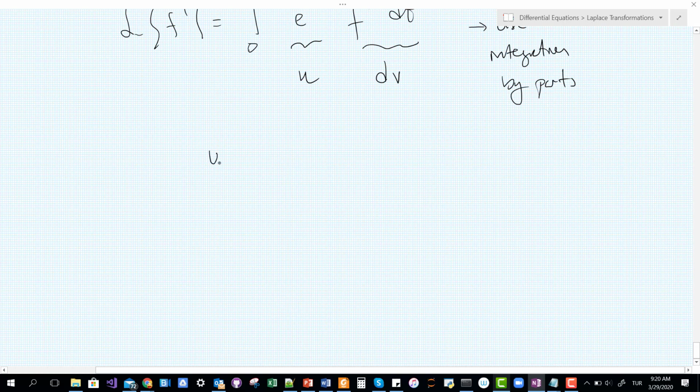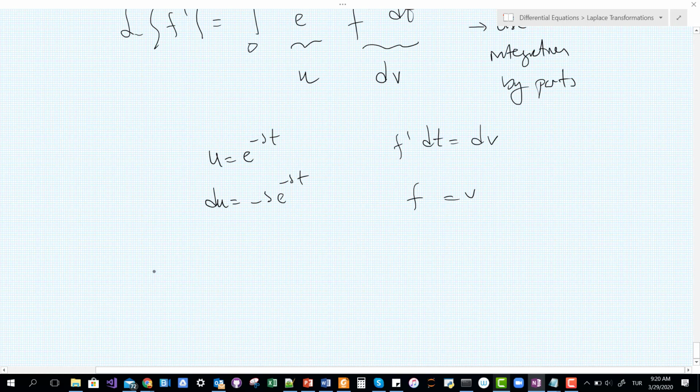So my u is equal to e to the negative st. du is going to be equal to negative s e to the negative st. If the dv part is equal to f prime dt, your v is going to be equal to f.